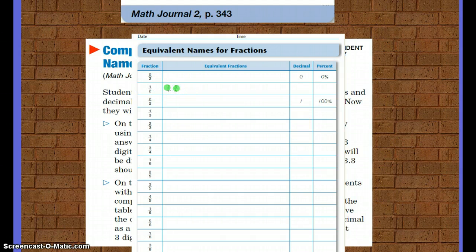2/4, 3/6. You should have noticed, especially in the half one, that the top number is just half of the bottom. So you could have written 4/8, that's half. You could have written 5 out of 10 is half. 6 out of 12 is half, and I'm sorry for my writing. 7 out of 14 is half.